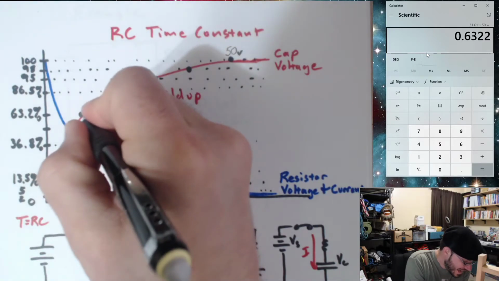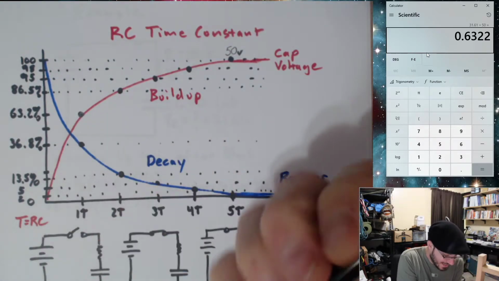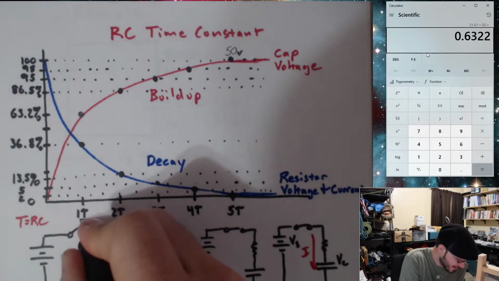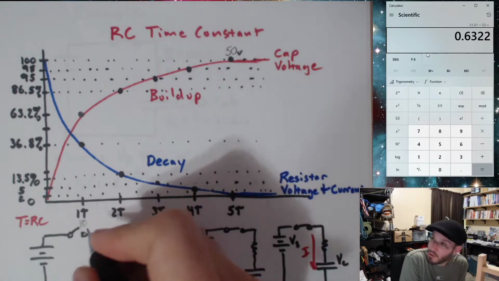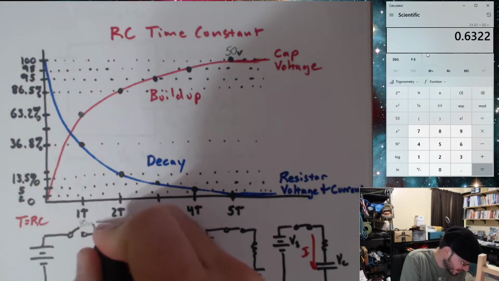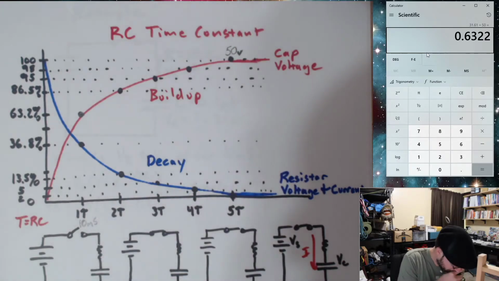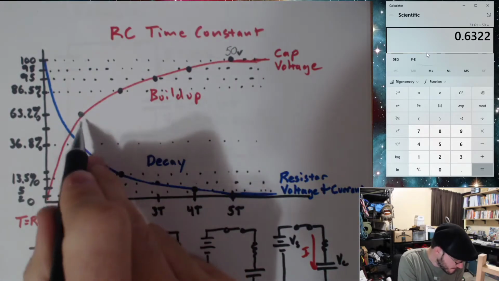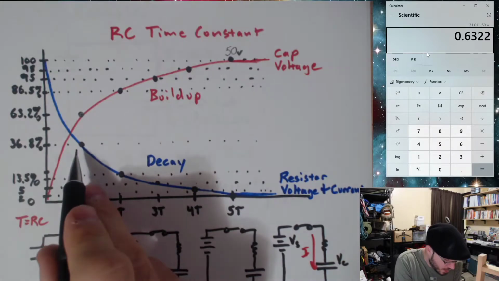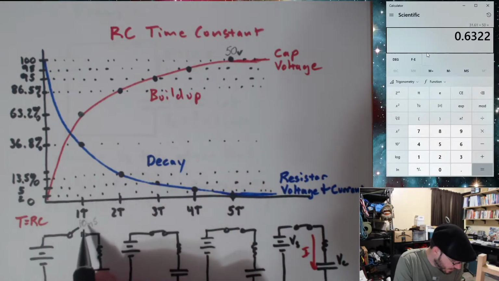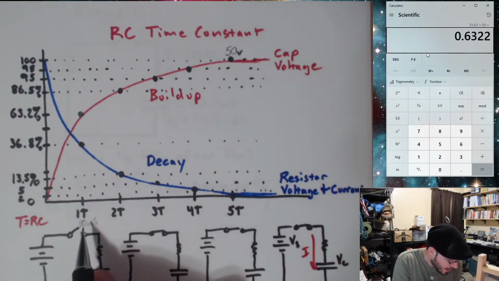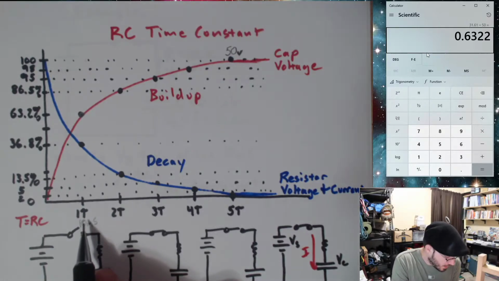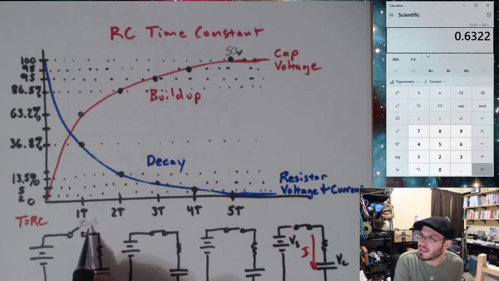Okay, we are right here. So at 10 milliseconds, I'm going to write 10 milliseconds down here. Well, that tells me our time constant should be equal to 10 milliseconds, right?